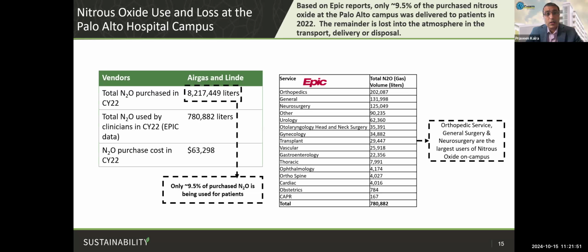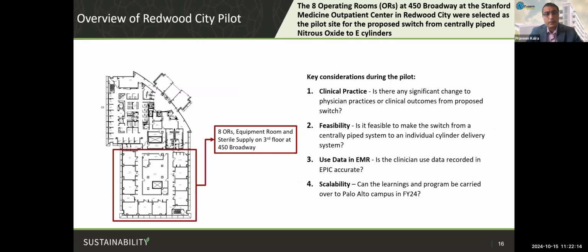You can see it only costs our institution around $63,000. We went one step further. We wanted to see which surgical clinical specialties are using the highest volume of nitrous oxide. Orthopedic services, general surgery, and neurosurgery were the 3 largest users of nitrous oxide on the campus. Based on this data, next slide please, we decided to conduct a pilot study.